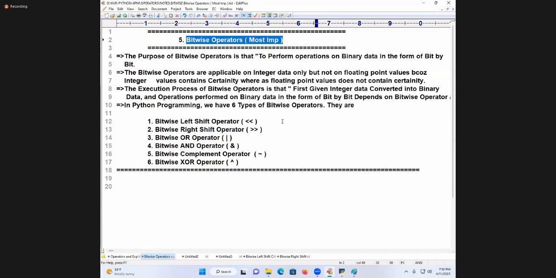Bitwise left shift, bitwise right shift, bitwise OR, bitwise AND, bitwise complement, bitwise XOR. Don't run the class like a passenger train. Speak out once again: bitwise left shift operator, bitwise right shift operator, bitwise OR, bitwise AND, bitwise complement, bitwise XOR.